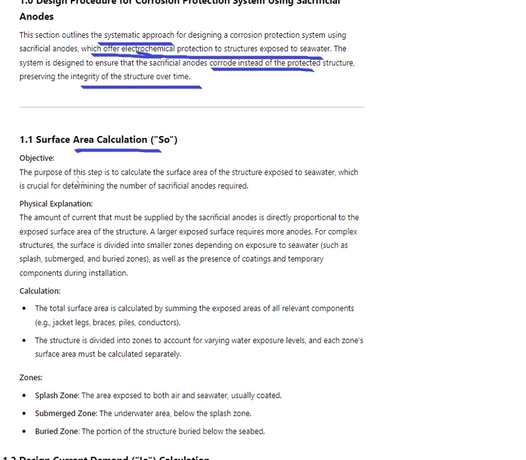The objective of this step is to calculate the surface area of the structure exposed to seawater, which is crucial for determining the number of sacrificial anodes.